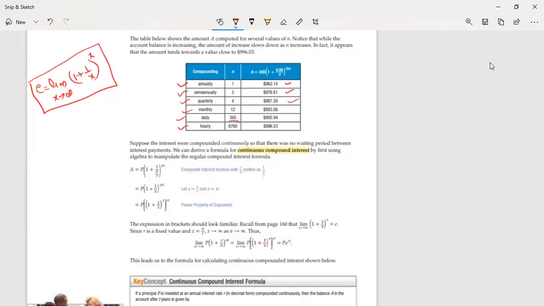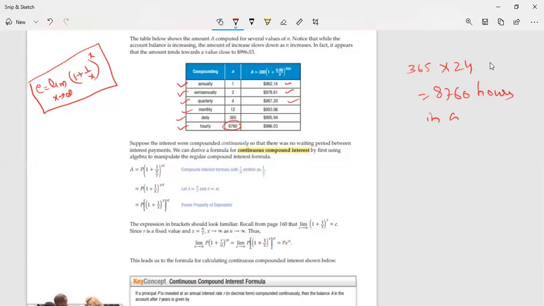If hourly, you can remember this, because there are 365 days and 24 hours. So multiply 365 into 24, you will get 8,760 hours in a year.